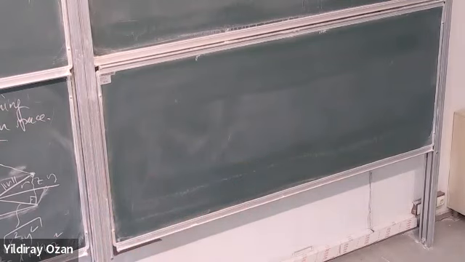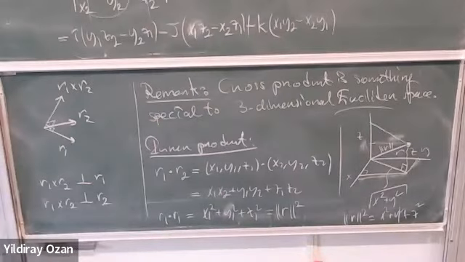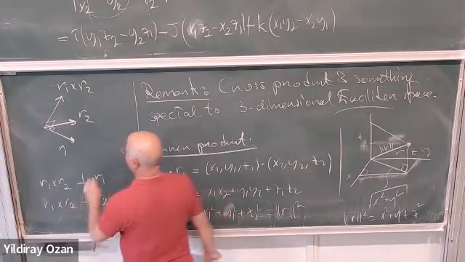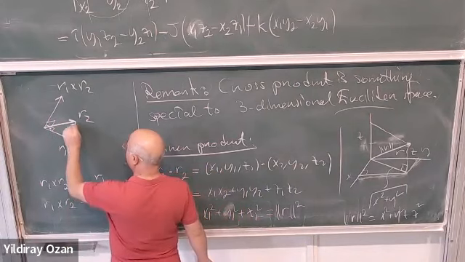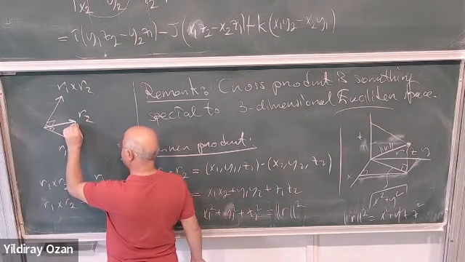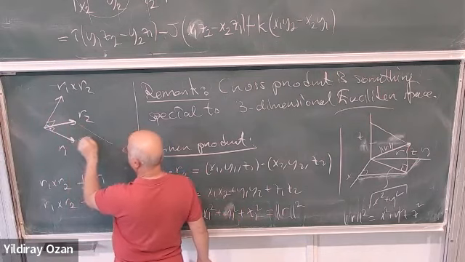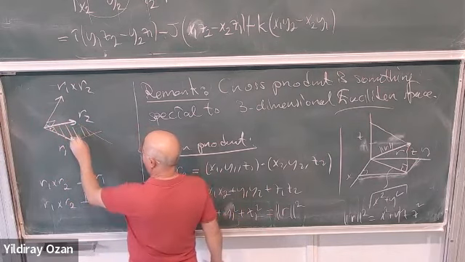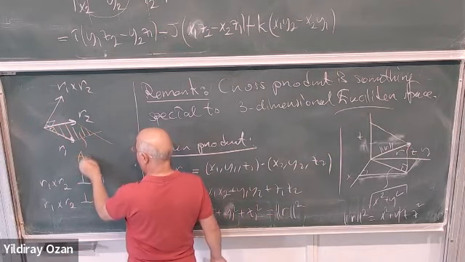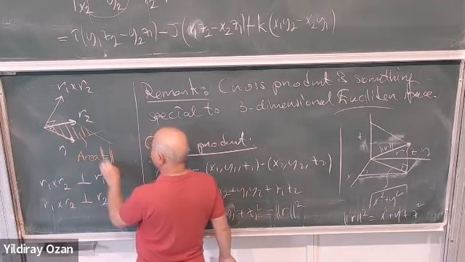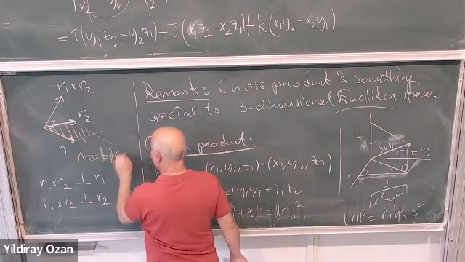Maybe before I pass to that, let me also tell you the following. There is one more geometric meaning of this cross product. Namely, if you form the parallelogram by drawing parallel lines to these vectors, you get a parallelogram here. The area of this parallelogram is nothing but the length of this vector, R1 cross R2.